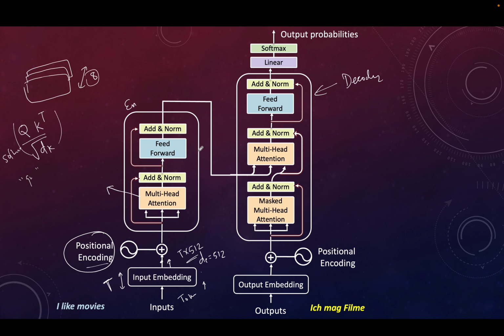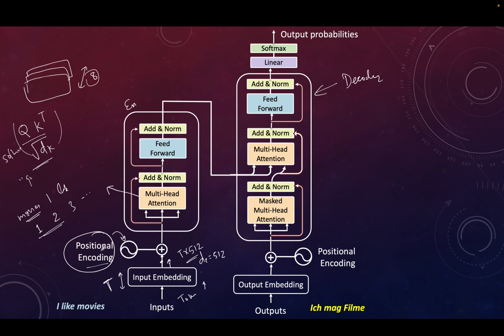So if we have a sequence "I like movies" or a sequence "movies I like", whether these movies occur at position 1 or 2 or 3, we were not accounting for that in the self-attention. So here we add the notion that the same word occurring at different positions adds different meaning, different context to the text.